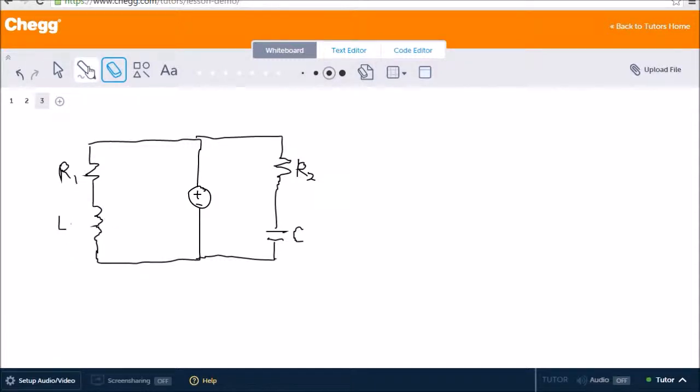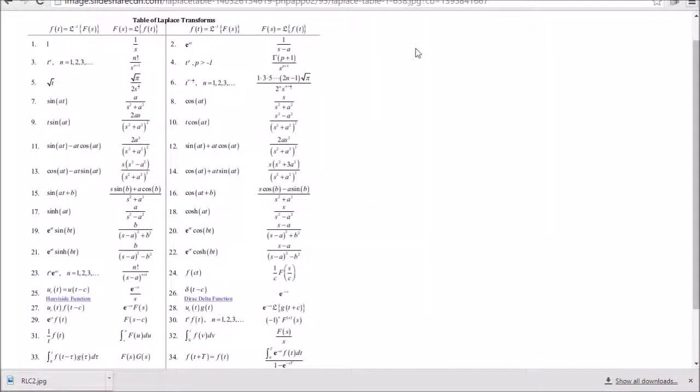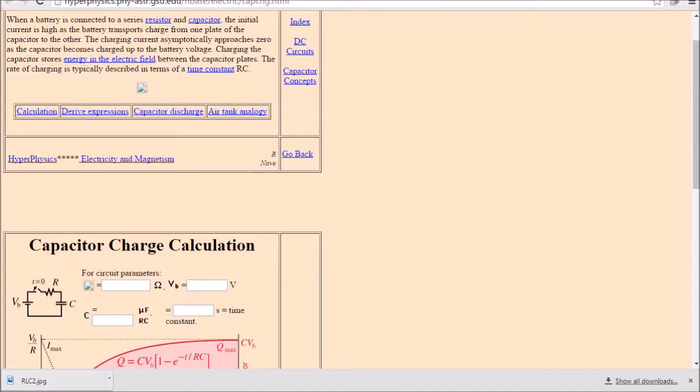Okay, so for this, since we have a DC source, this is DC. We can use some tricks where we don't have to use differential equations or Laplace transforms. Instead, we can use these rules right here.